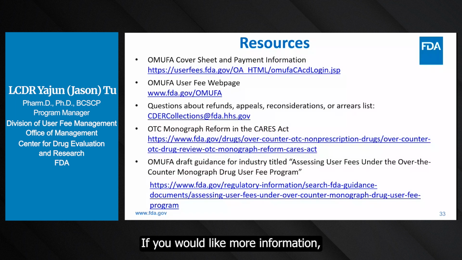If you would like more information, here is a list of useful resources.